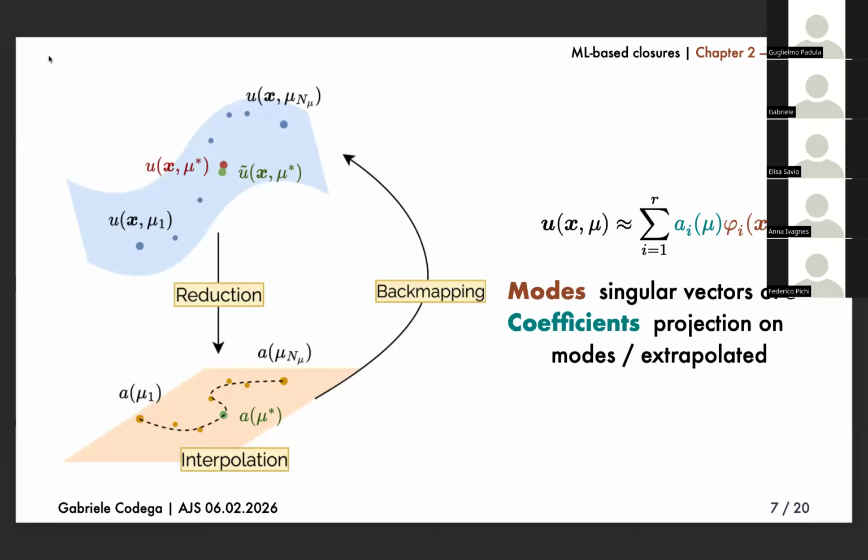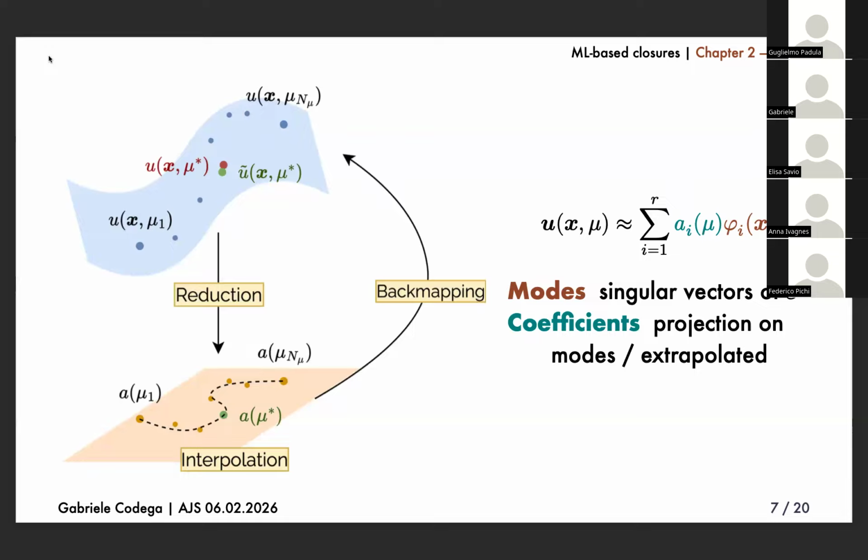In practice, what we do here is we find a projection map, a linear projection map from the high dimensional space to a low dimensional linear space. This procedure is called proper orthogonal decomposition, and ultimately allows you to approximate a high dimensional solution as the linear combination of a number of modes that you find through this projection procedure.